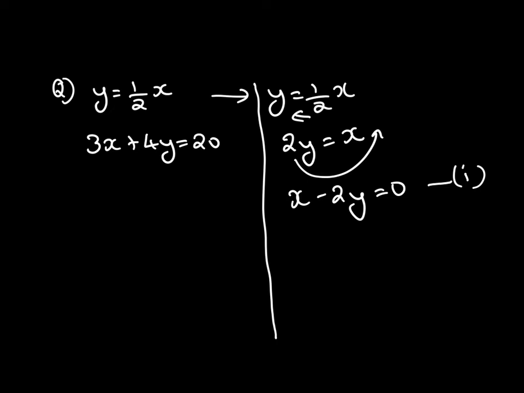Now, in order to graph, we need some coordinate points. And we know how to graph a linear equation by choosing some values of x and finding the corresponding values of y. So we will write it in the form of a table.